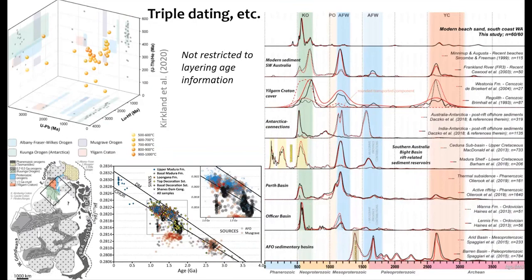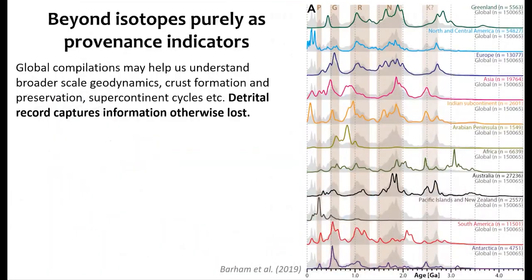So obviously with these examples I'm showing you, they are age information, but you're not necessarily restricted to only using age information. So just taking a step beyond some of those simplistic ideas of what people had previously done with trying to match a sediment to a source, what can we do beyond looking at isotopes as provenance indicators? So we can look at global compilations now.